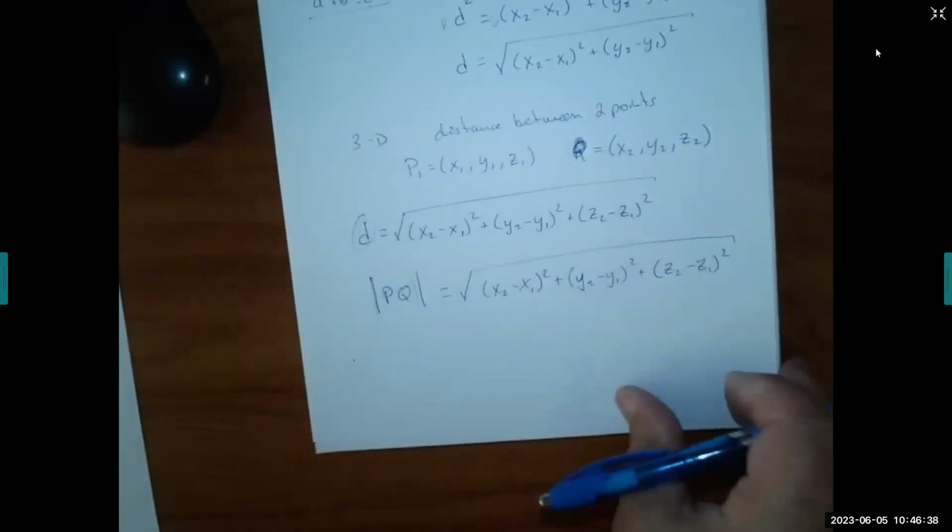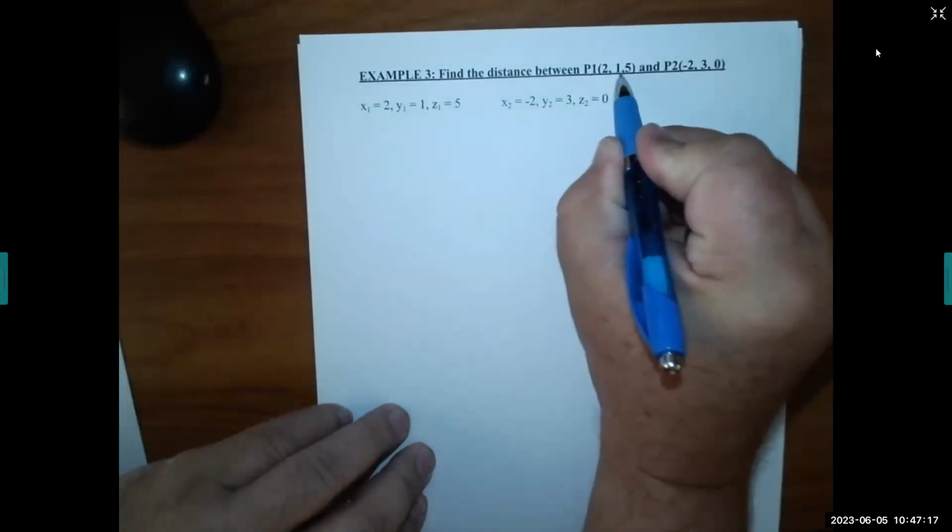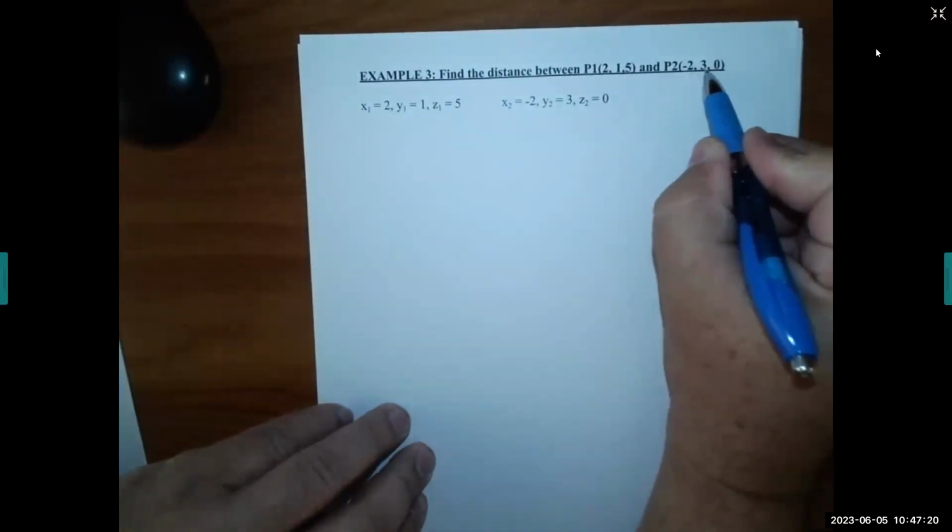It's an example here. Find the distance between these 2 points. Point 1 is made up of 2, 1, and 5. Point 2 is made up of negative 2, 3, 0.